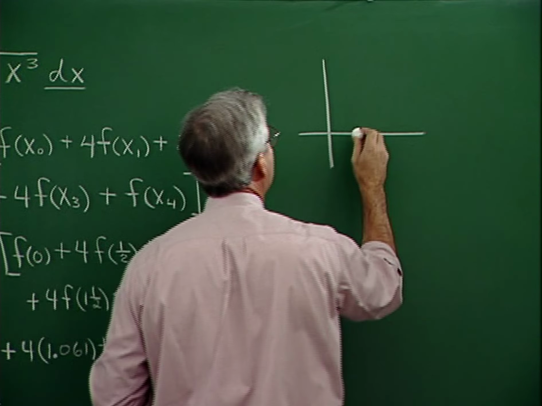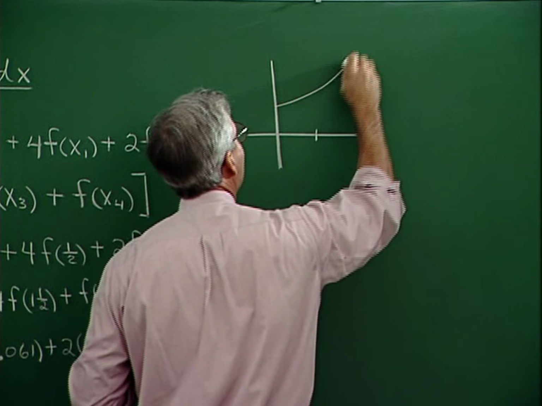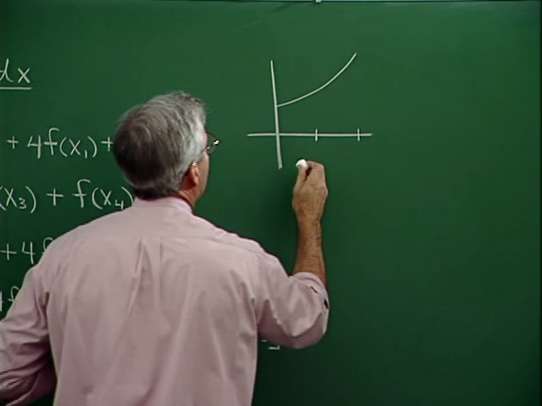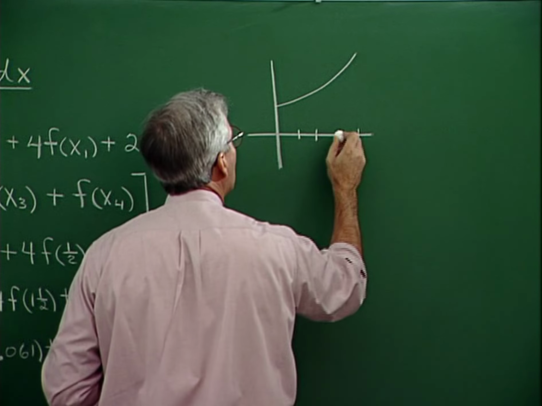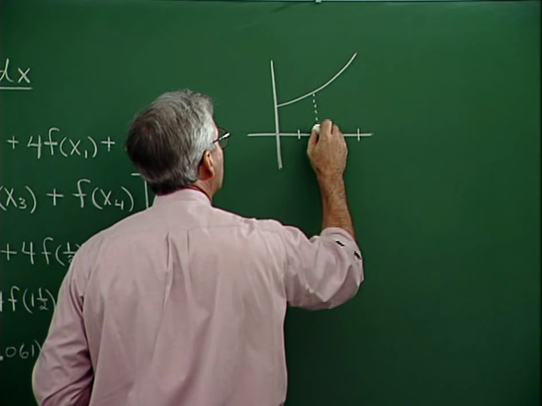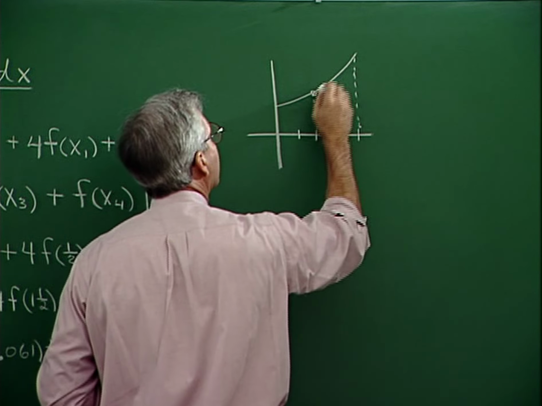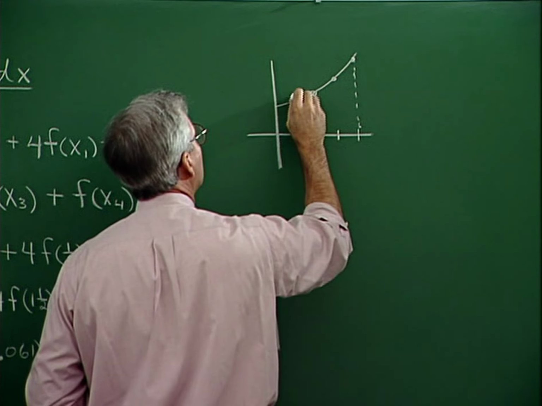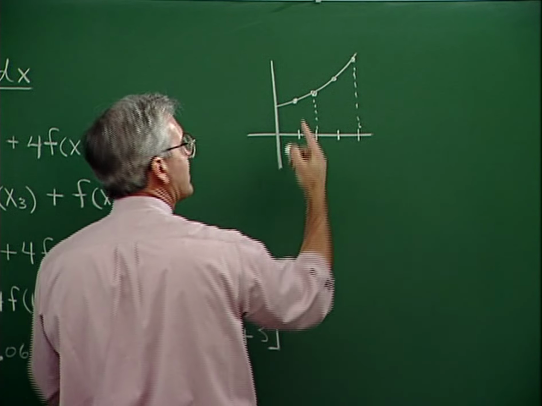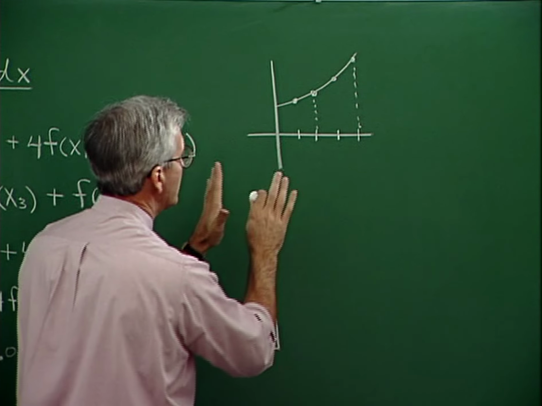And it was something like this. Here's 1 and 2, let's say, and the graph looked something like this. And so when we divide into 4, we're actually sort of partitioning like this, and we're using these 3 points as a group and these 3 points as a group, you see, in the configuration for Simpson's rule.